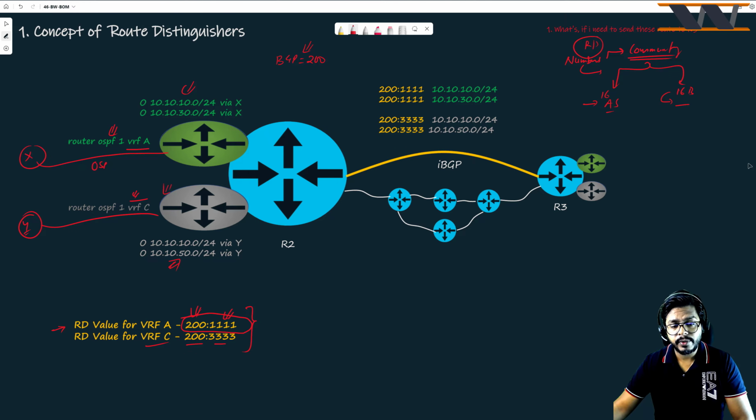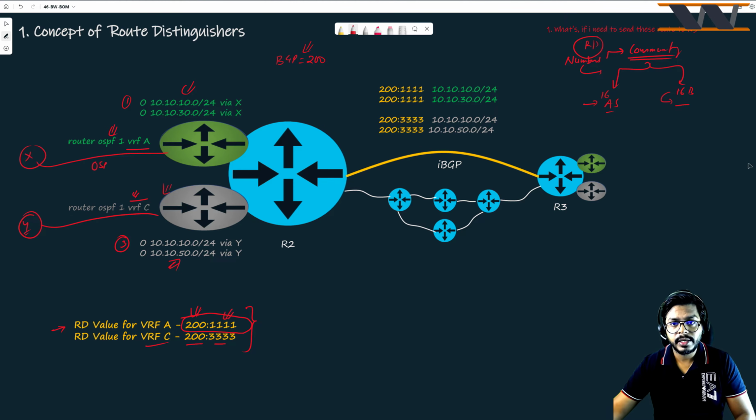You can have this value as anything, but you should have this value. This is absolutely important when you specify the VRF. You should specify this route distinguisher value, because on the basis of this value, BGP differentiates routes, right? Otherwise, there is no difference between route number 1 and route number 3, right?